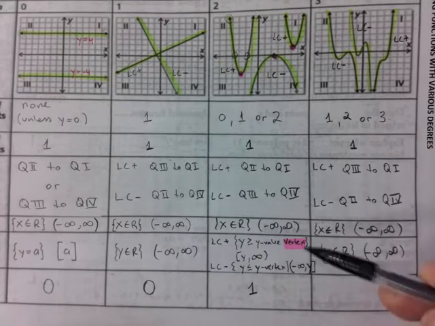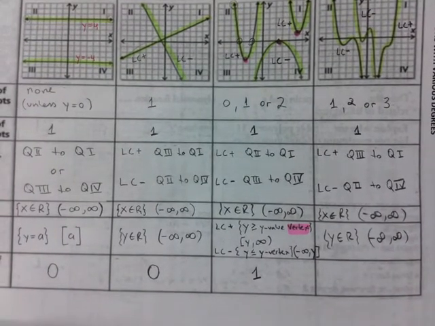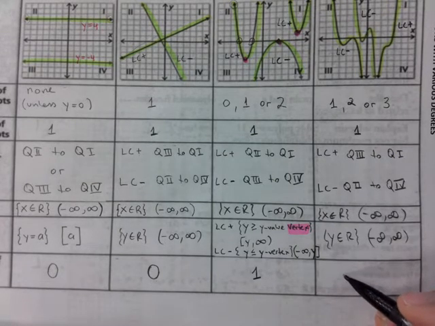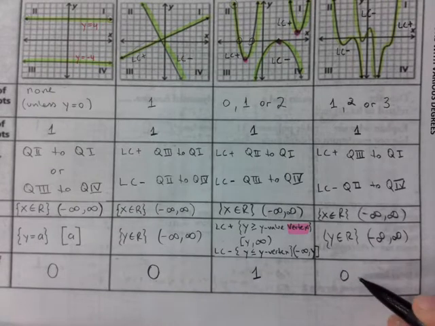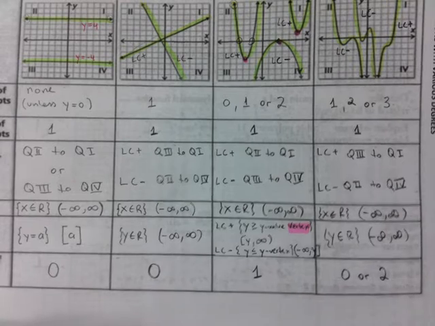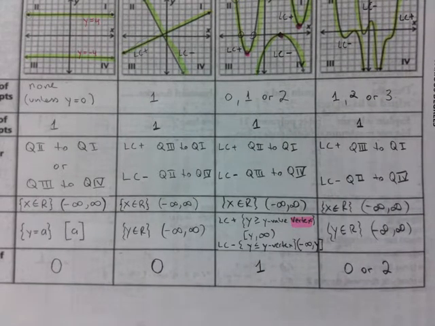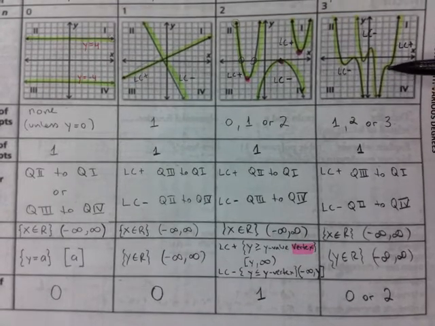So the only one where you have to watch out is your parabola. How many turning points? 0 or 2. That's interesting, right? 0 or 2 turning points. This one has 0 turning points.